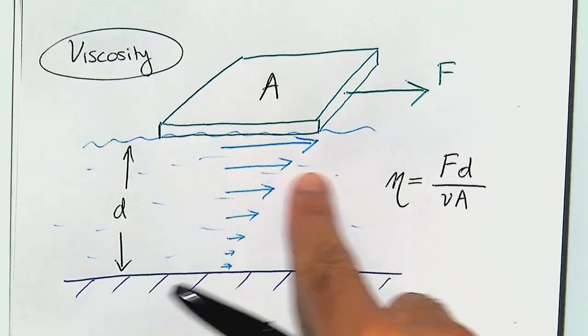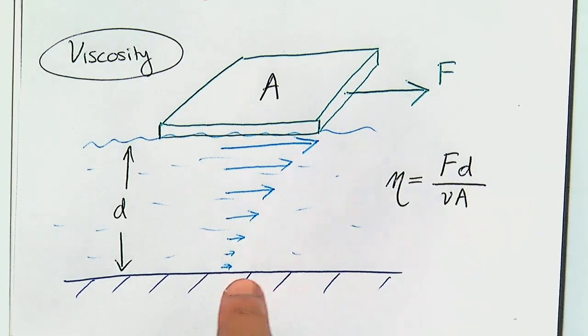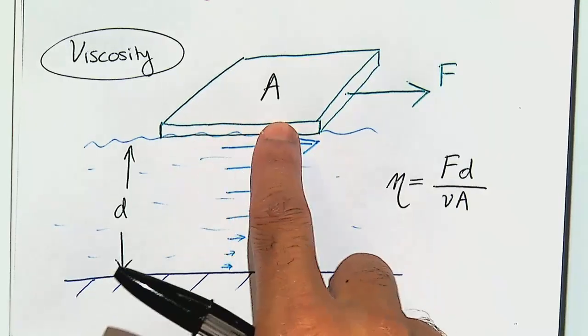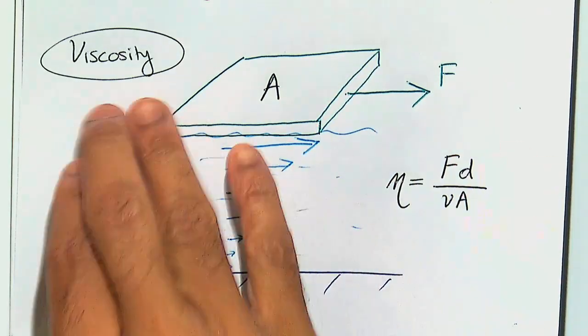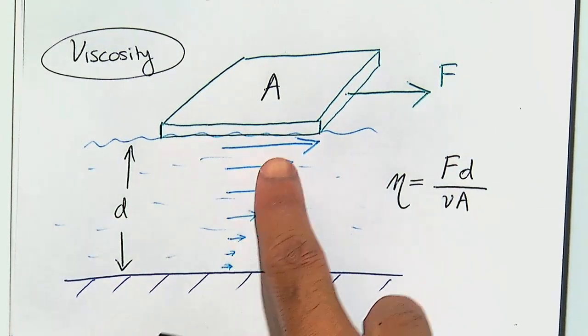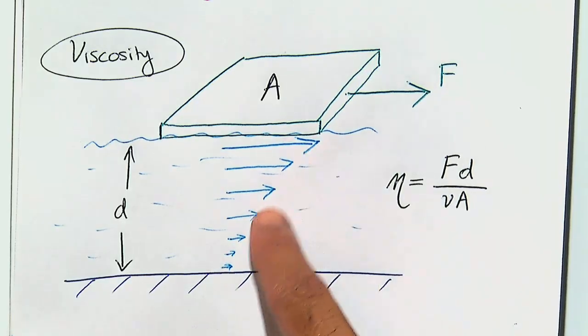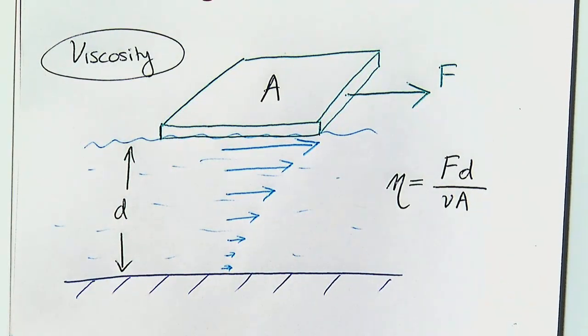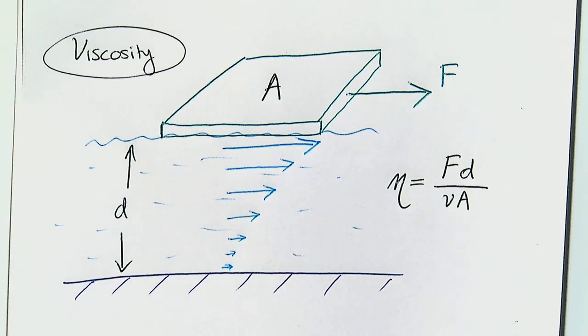It wouldn't get dragged along like this, right? Maybe it'll be disturbed a little bit at the very top just because you moved it, but it will not have this sort of profile. This profile of dragging the water across happens because of viscosity. Does that make sense? Just to give you a rough idea what it is.